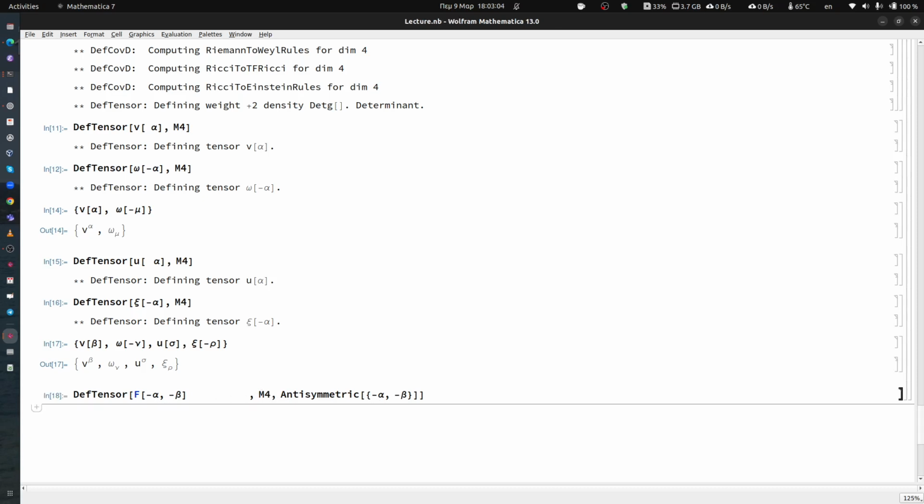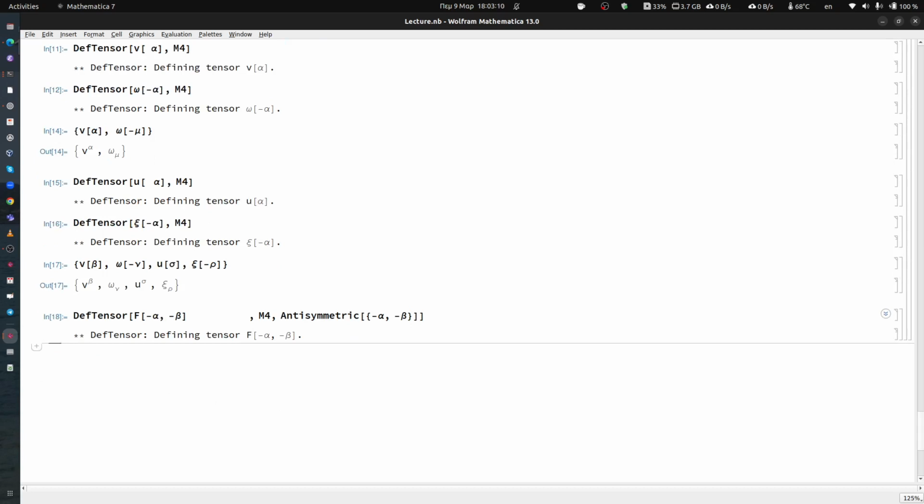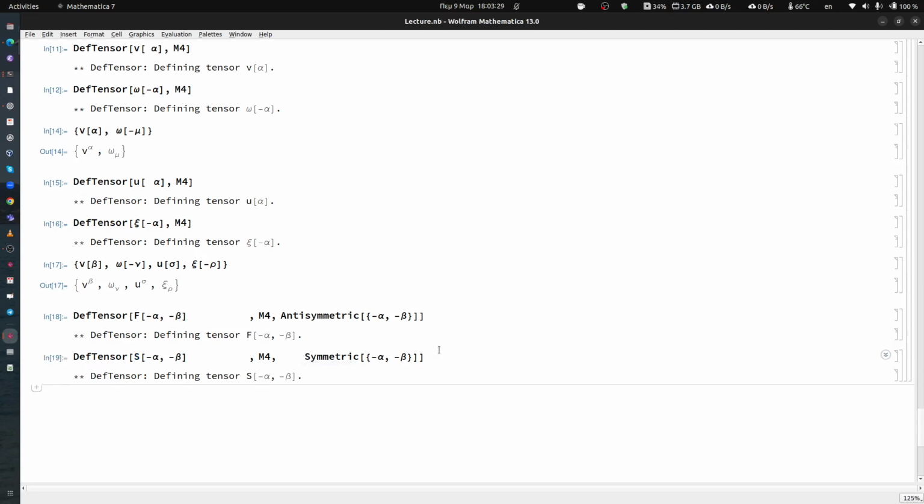So that defines this anti-symmetric tensor, F alpha beta. And here is a symmetric tensor, which I call S. So it also has two indices downstairs, and it is symmetric under the exchange of those two indices.